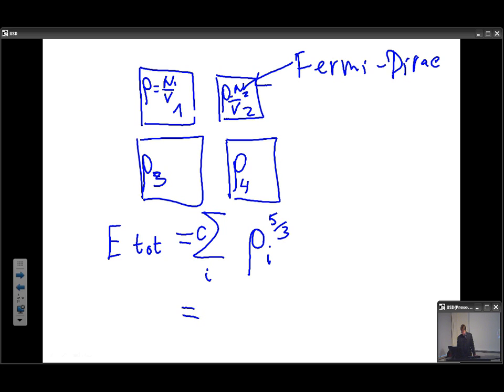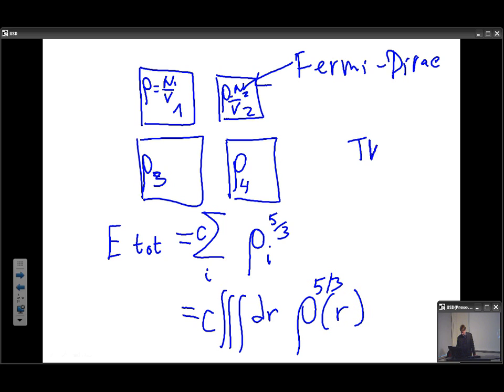And if we have an infinite number of boxes, we just replace it by an integral. So in this theory, one takes into account only the kinetic energy of electrons and the fact that they obey the Pauli exclusion principle and follow the Fermi-Dirac distribution.